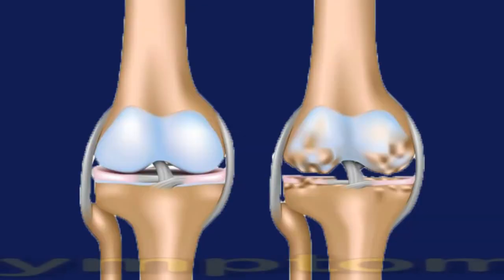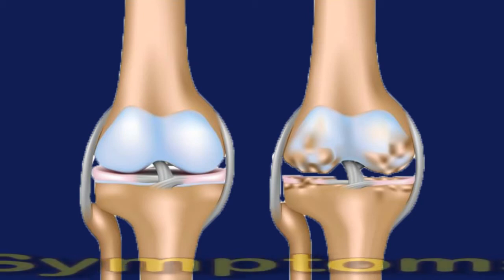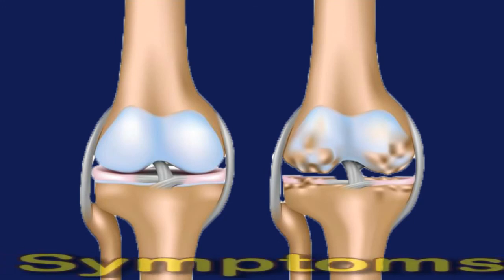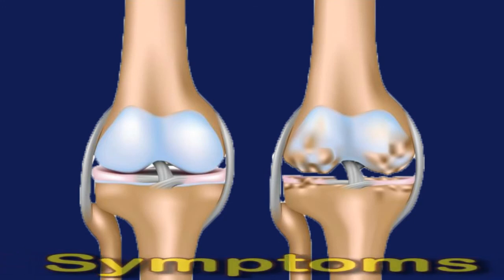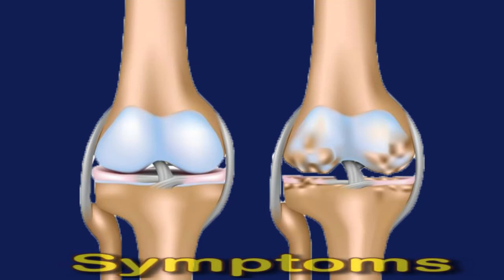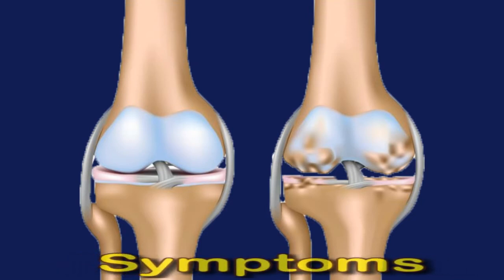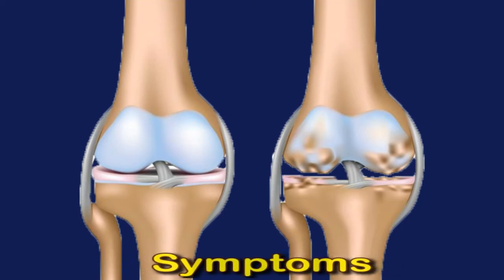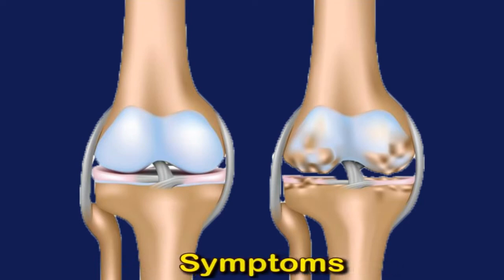Osteoarthritis causes the cartilage and synovium in the knee to wear down, often leading to bone spurs growing in their place. The cartilage may also get rough or break down completely. This process gets worse over time and often causes symptoms including localized pain and inflammation, joint effusion or water on the knee.